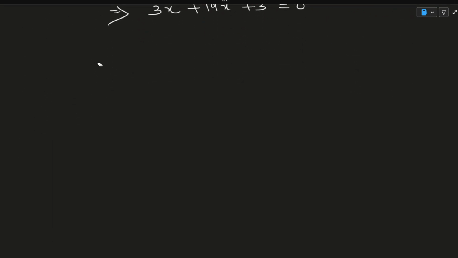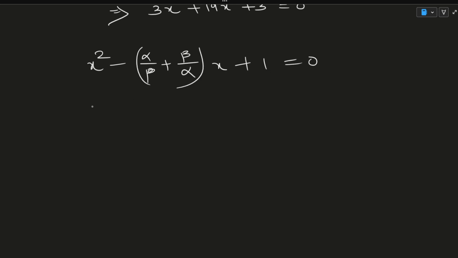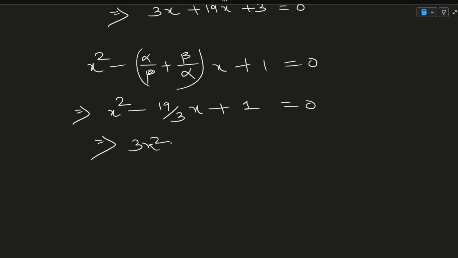So the general equation will be x square minus (alpha by beta plus beta by alpha) x plus 1 equal to 0, which implies x square minus 19 by 3 x plus 1 equal to 0, which implies 3x square minus 19x plus 3 will be the correct answer.